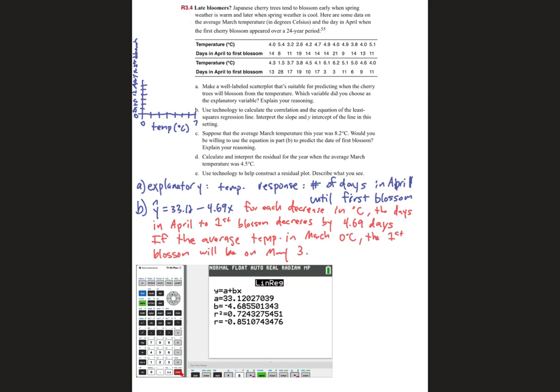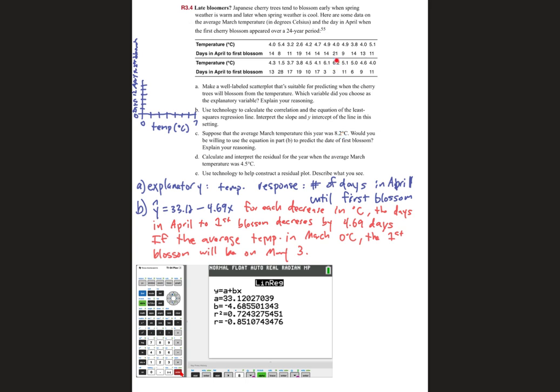Okay, so that's interpreting the slope and the y-intercept. For C, they say, suppose that the average March temperature this year was 8.2 degrees Celsius. Would you be willing to use the equation in part B to predict the date of first blossom? Explain your reasoning. First off, that 8.2 is an x value, and it's much bigger than any of the other x values.